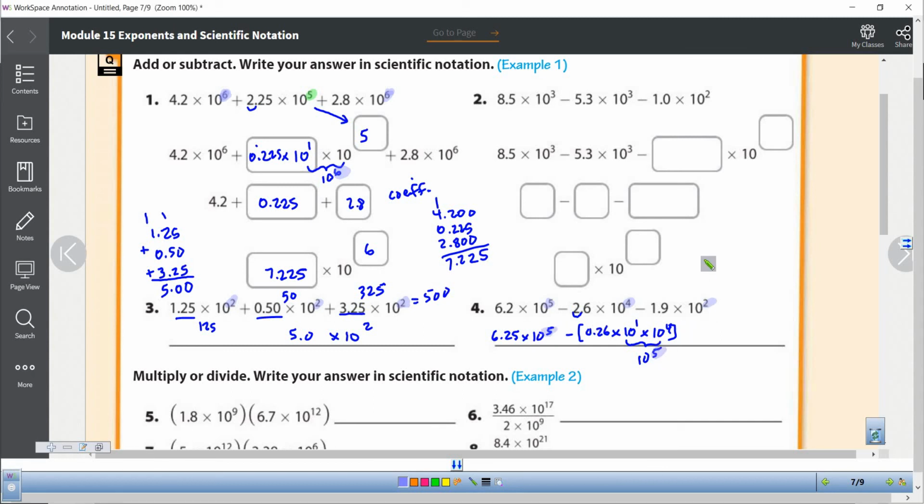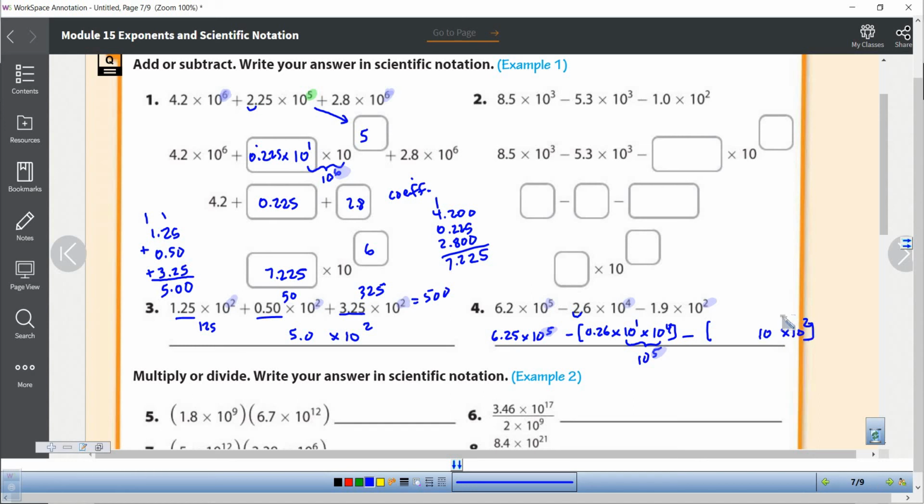Now I need to make this one 10 to the 5th power. So here we go. Now I have 10 to the 2nd. But what do I want? I want 10 to the 5th power, right? Well, what do you have to multiply 10 to the 2nd by to get 10 to the 5th?